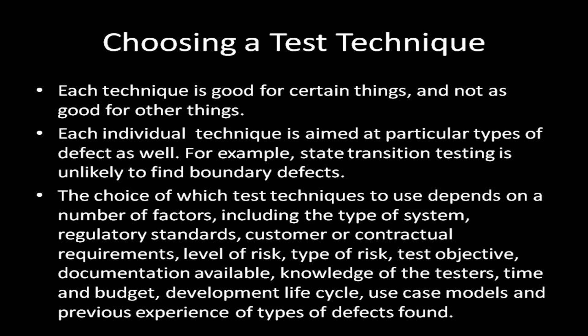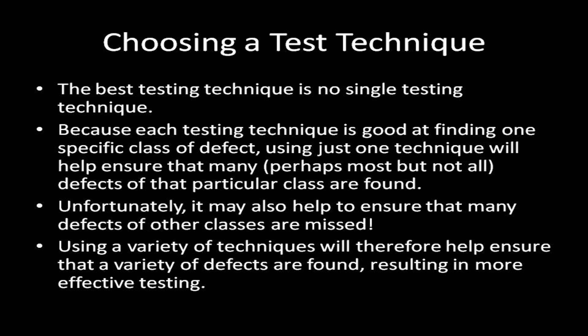This chapter has covered the most popular and commonly used software testing techniques. With so many testing techniques to choose from, how are testers to decide which ones to use? Perhaps the single most important thing to understand is that the best testing technique is no single testing technique.